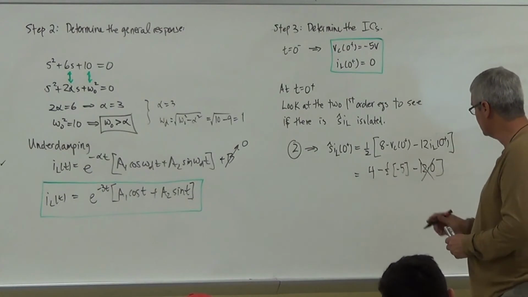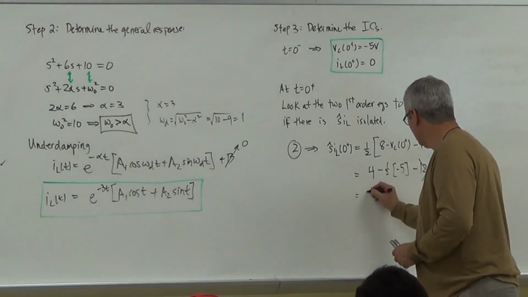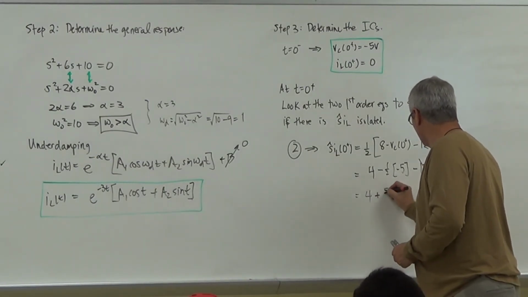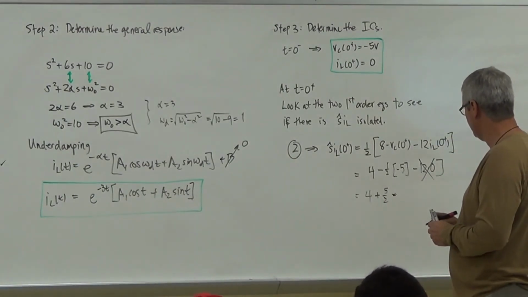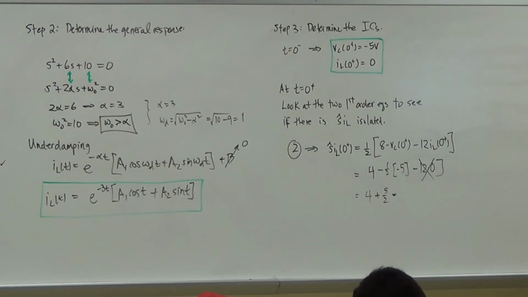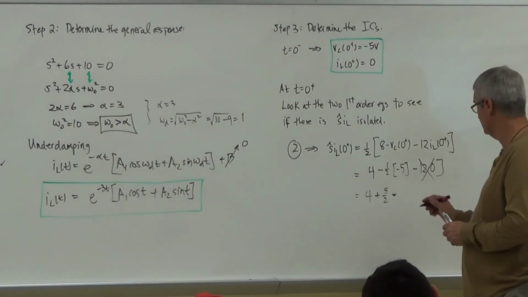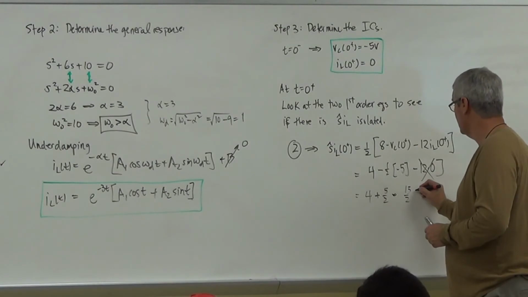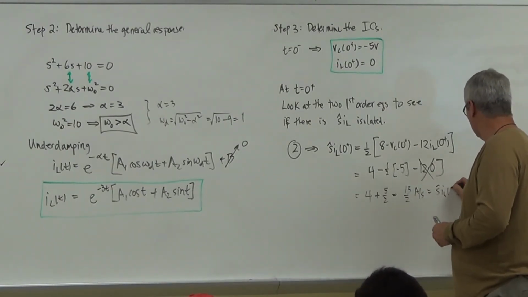So now if I look at this guy, it should be getting 4 plus 5/2. Is that right? Is my algebra looking good? Yeah, I think so. So this should then be 13/2. Right? 13/2 amps per second, s hat IL of 0 plus.